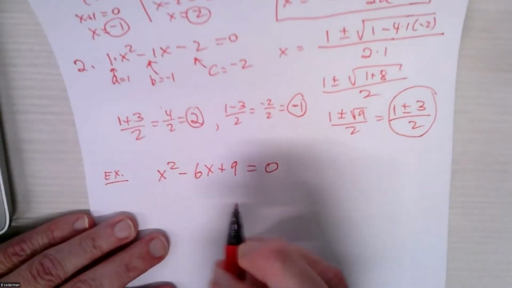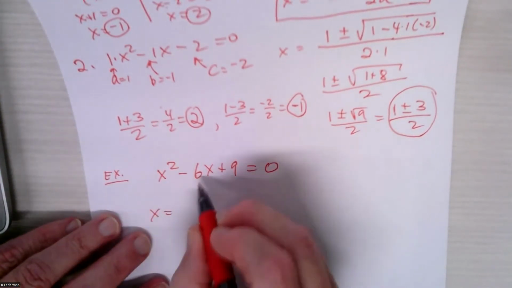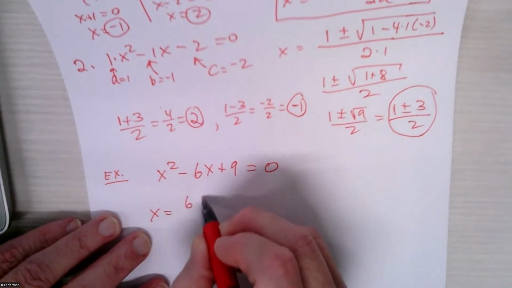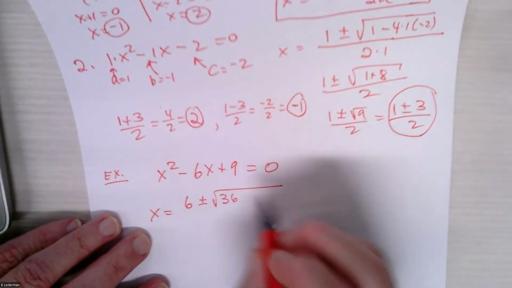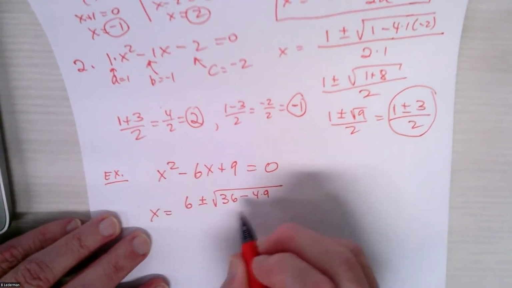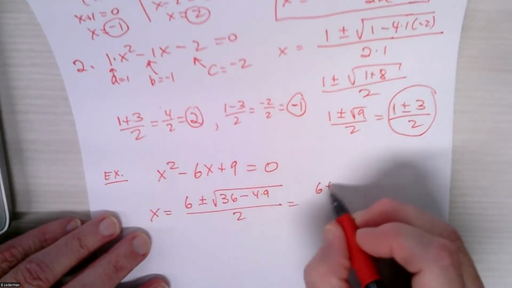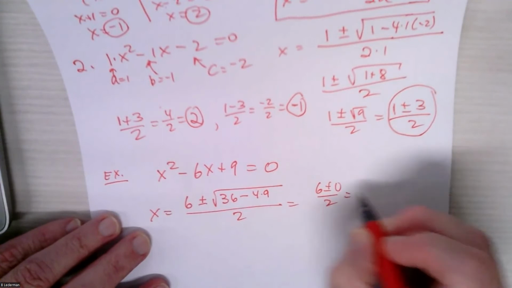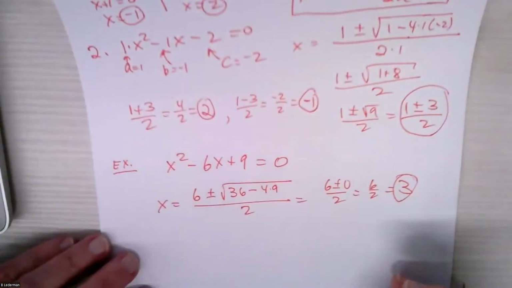So the quadratic formula would be -6, which is +6, plus or minus the square root of 36, because it's -6 squared, minus 4 times 9, over 2, which is 6 plus or minus 0 over 2, which is just 6 over 2, which is 3, and that's it, just one answer.